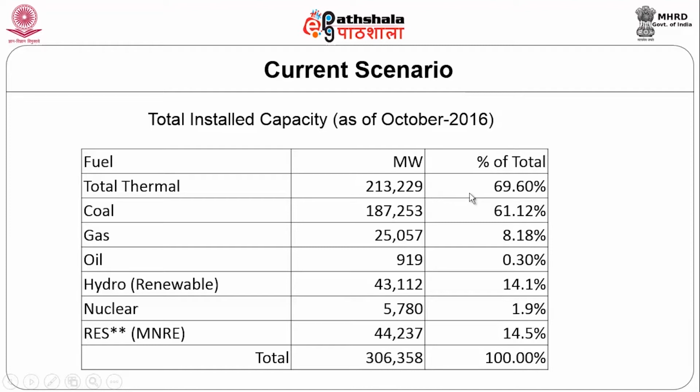Total thermal is about 2,13,229 megawatt, which is about 69.6 percent, and it is a combination of coal, gas and oil based power plants.